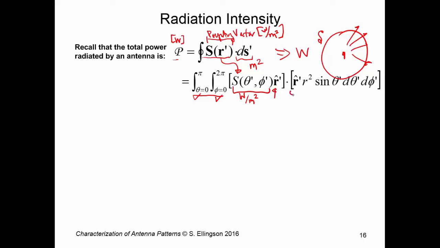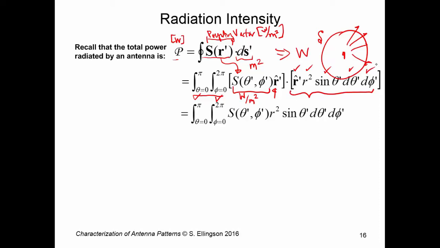And then we can also expand ds prime in terms of the spherical coordinate system. So there's the radial unit vector, r squared, sine theta prime, d theta prime, d phi prime. Now, r hat prime and r hat prime dotted together obviously give you 1, so that goes away. So this expression simplifies pretty quickly.